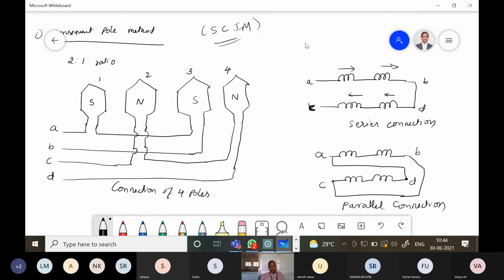In a squirrel cage motor you can easily achieve this method of connection. Suppose there are four poles, we can connect them either in series or parallel combination. So different voltage fluxes are produced here, and due to that the speed can be varied in two different ways.